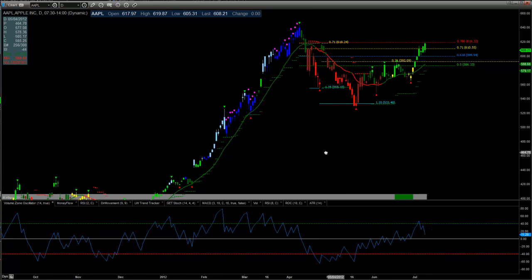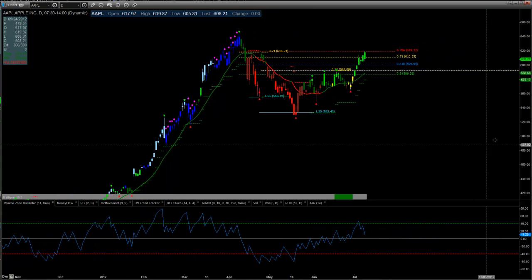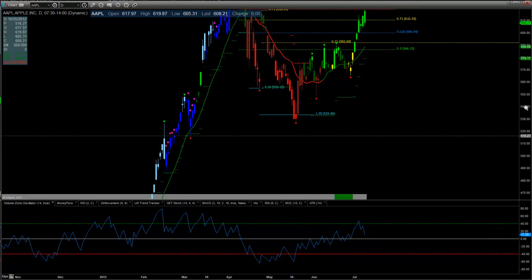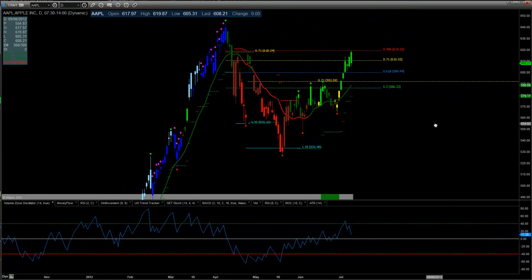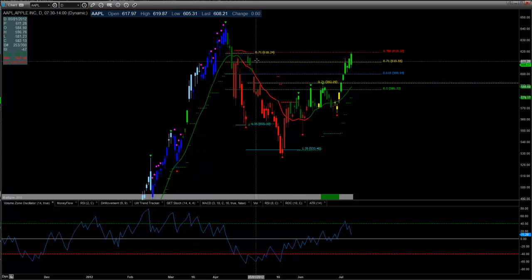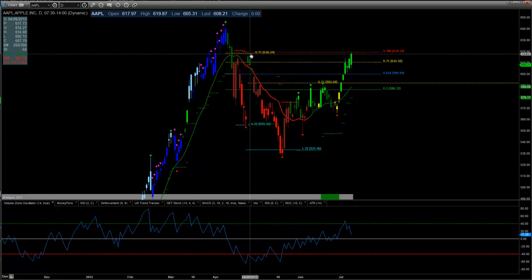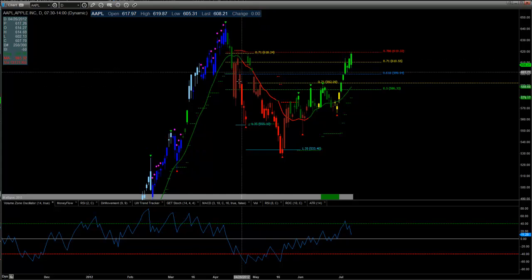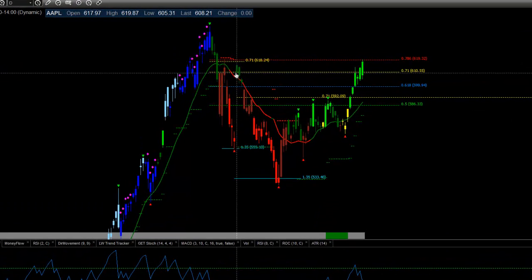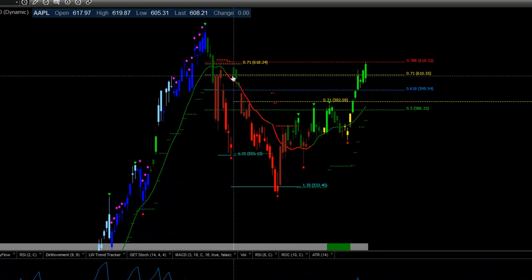So if you look at the daily chart, it's been interesting. Okay, I've held out that the 71% figure on resistance was important because this past April's earnings pop price stopped at the 71% retracement line.